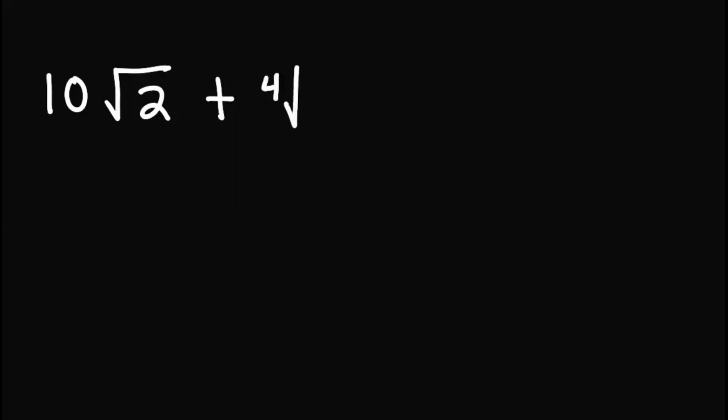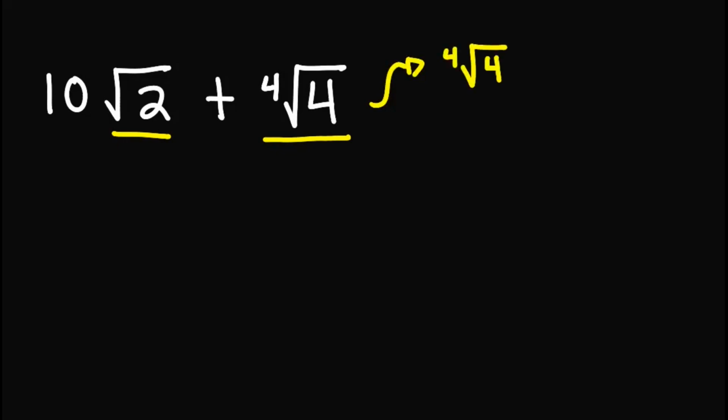Let's have this fourth example. Let's have 10 square root of 2 plus the fourth root of 4. Now again, these radicals might seem dissimilar, but note that the fourth root of 4 out here can be written as the fourth root of 2 squared.